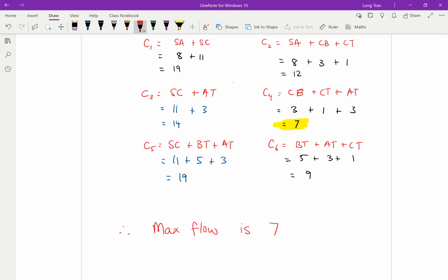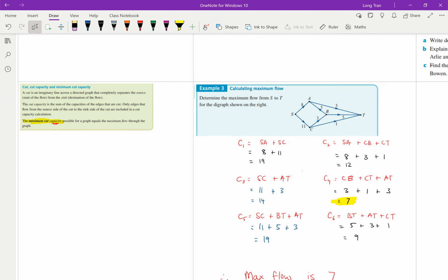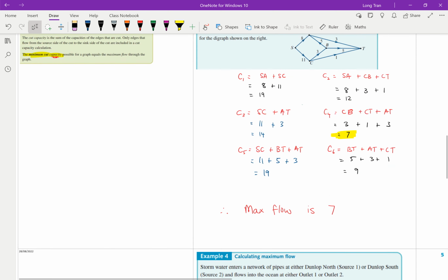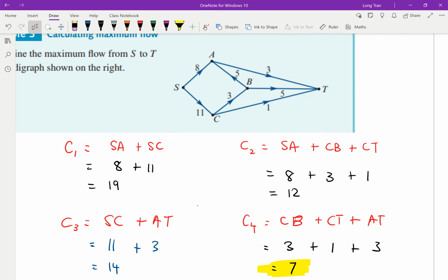Okay, so the minimum cut, that's what they mean by minimum cut. Essentially, they're saying minimum cut capacity will tell you the maximum flow that you can get. So essentially CB plus CT plus AT. So which direction was that? CB plus AT.